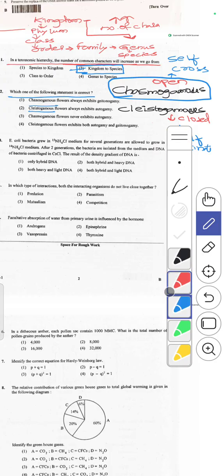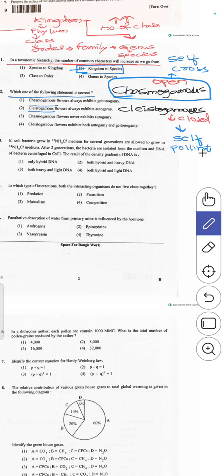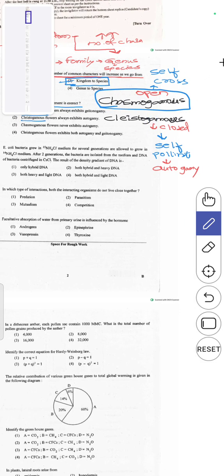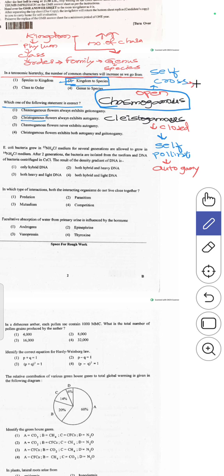So here, if a flower undergoes self pollination, then that will be called as what? Autogamy. If a flower undergoes cross pollination, then it can be called as what? Xenogamy.